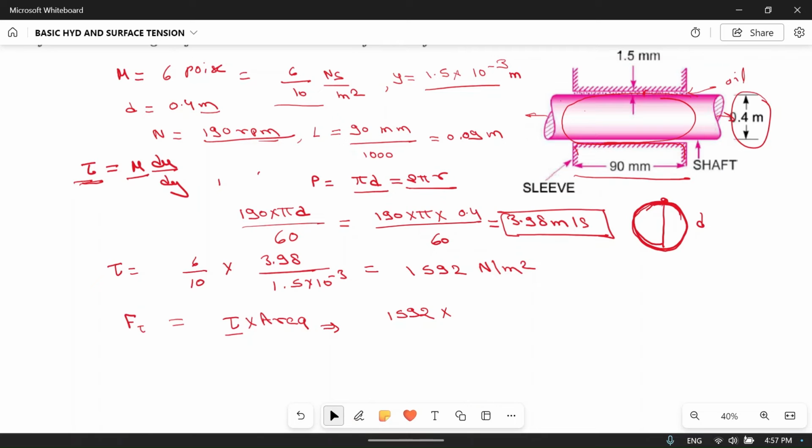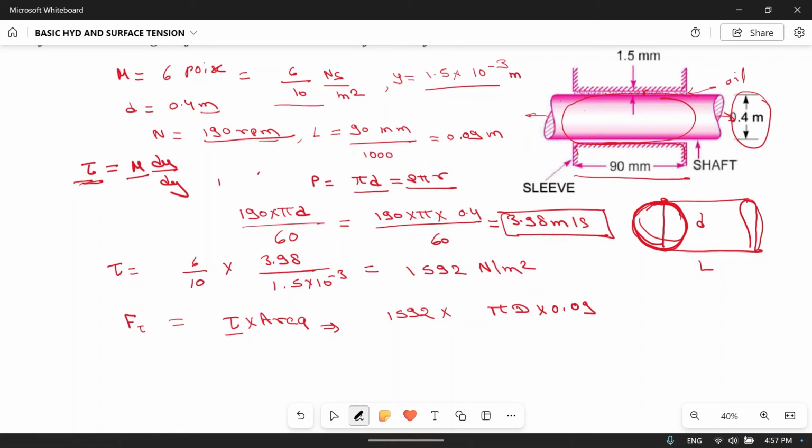So what is the area of the shaft? Outer surface of the shaft is equal to pi into d. Pi into d is the perimeter, and then length is L. So what is the length? Length is 90 mm, which is equal to 0.09.